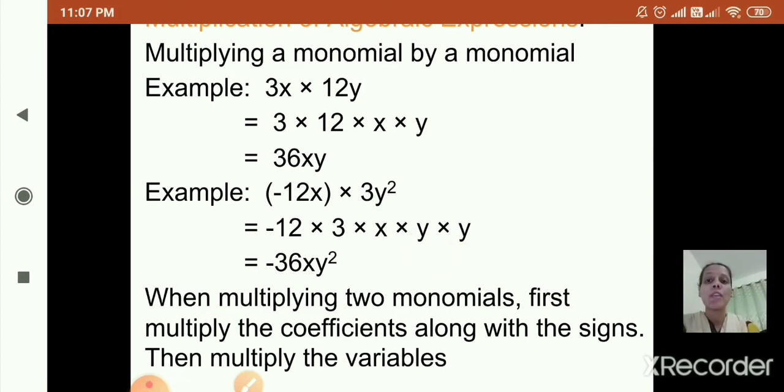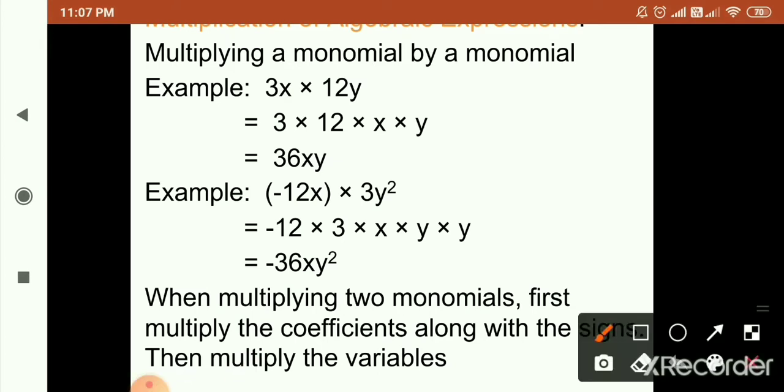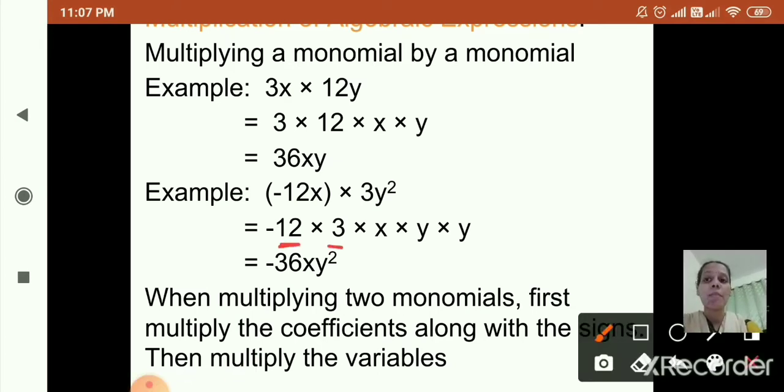Okay, hope you are clear till here. Now we will do the multiplication. Minus 12 multiplied by 3. 12 3s are 36, and here is a minus sign, so minus 36. Then x into y into y.